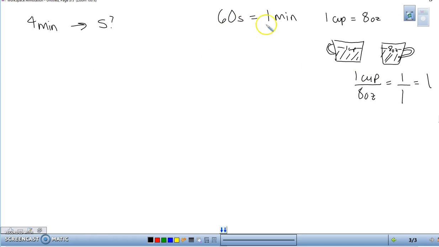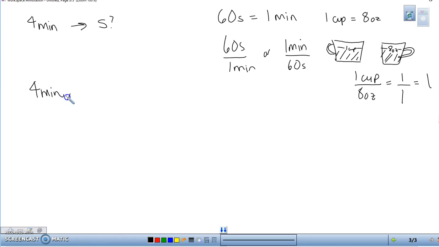So the hardest part is deciding what number goes on top or the bottom of my conversion factor. Am I going to write it as 60 over 1 minute or 1 minute over 60? This is the hard part. So this is how you do that. First, what I have to do is write down what I'm starting with, my 4 minutes, like this.